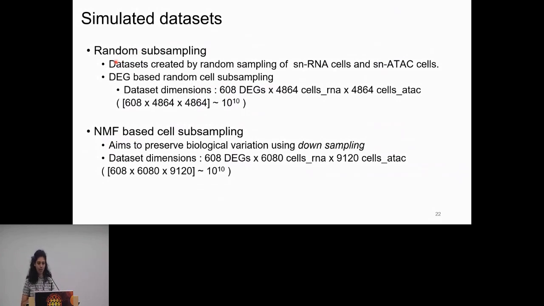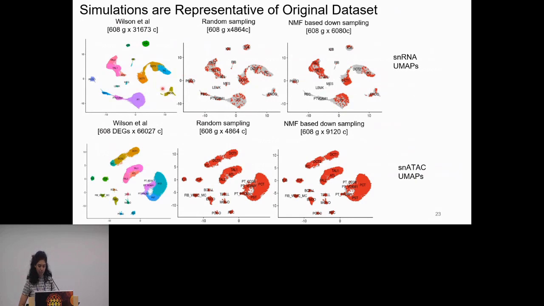The goal here is to downsample our data sets, and the NMF-based subsampling aims to preserve the underlying biology. As you can see here, the simulated data sets for snRNA as well as snATAC are very representative of the original study and map to all the major cell types.